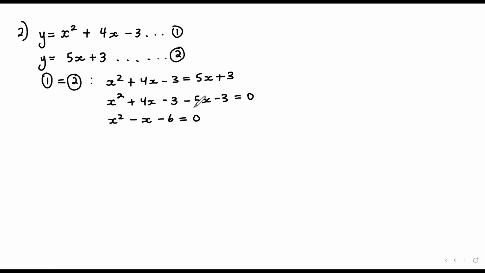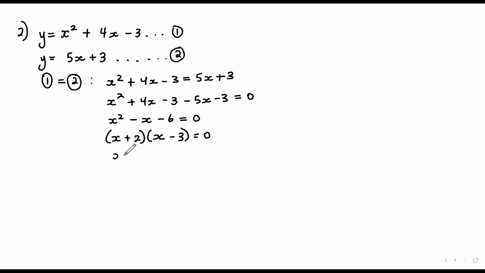Good. And I think this could factorize. Let's see. You need minus 1 and you have minus 6. So it could be minus 3 plus 2. Minus 3 plus 2 will give me minus 1, and minus 3 times 2 will give me minus 6. So factoring will give me x plus 2 by x minus 3 is equal to 0.